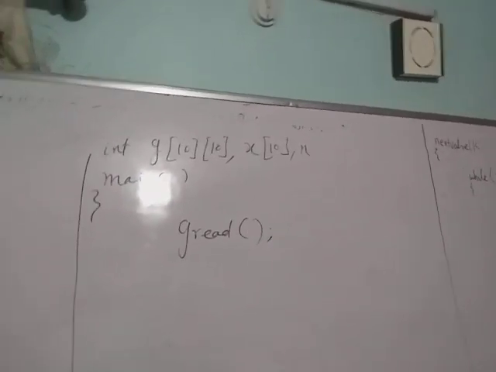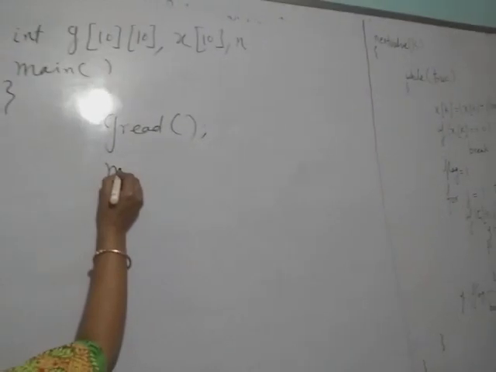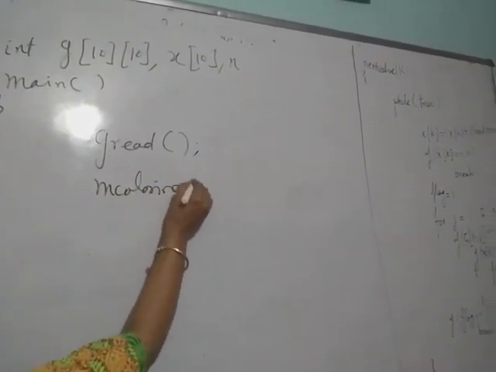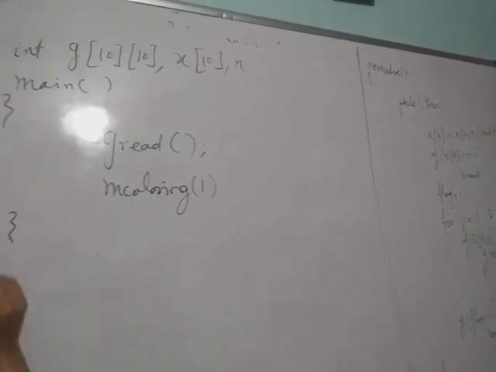Gread, and then this will call m coloring 1. This is the main function.